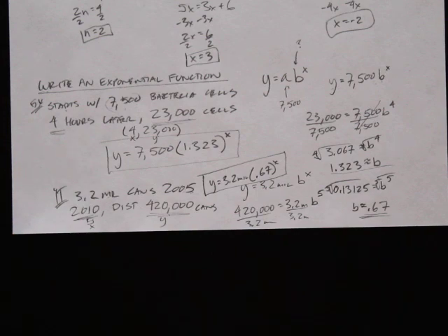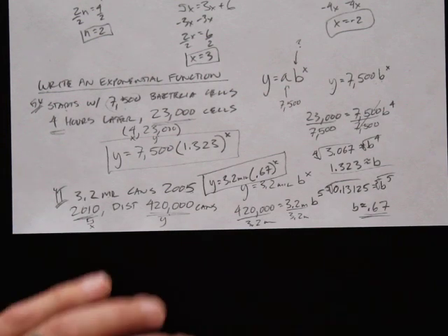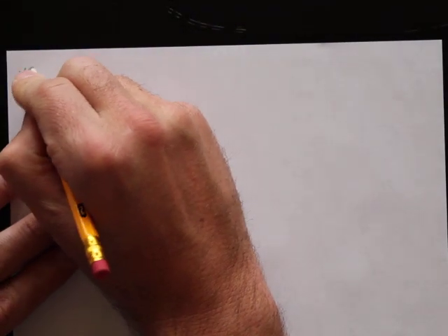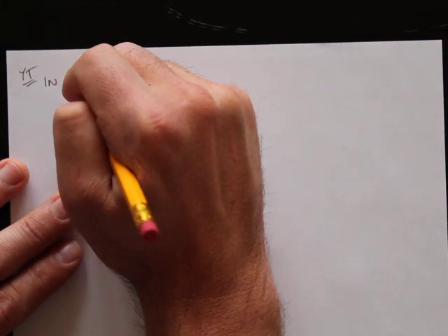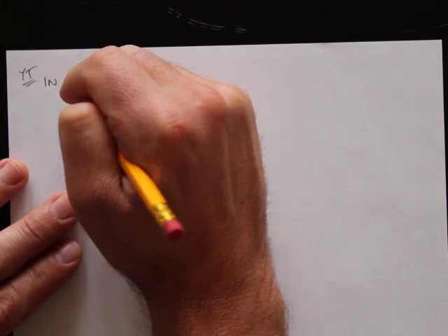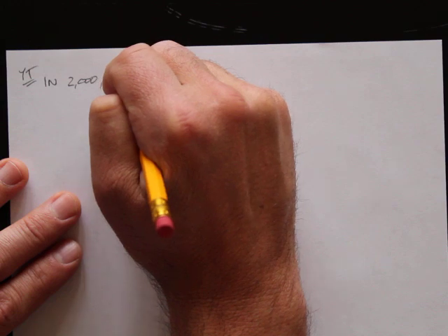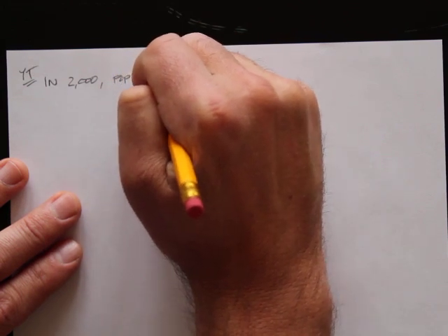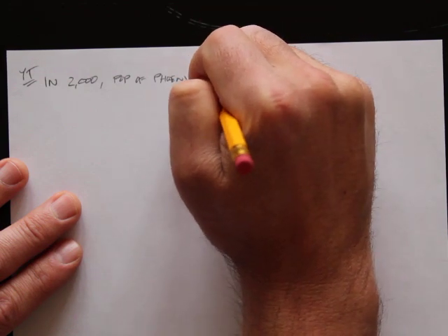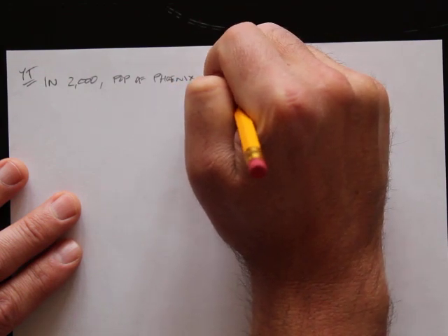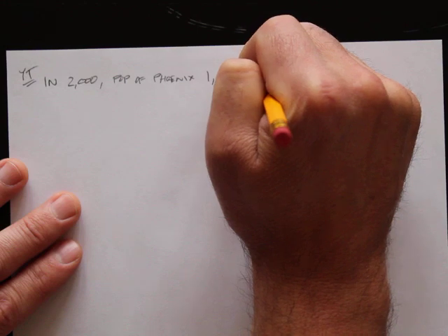All right, let's do a couple other examples. Another you-try. In the year 2000, the population of Phoenix is 1,321,045.